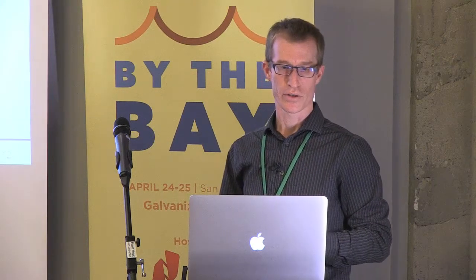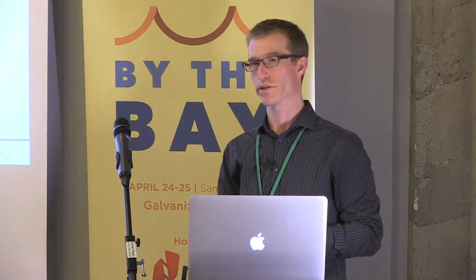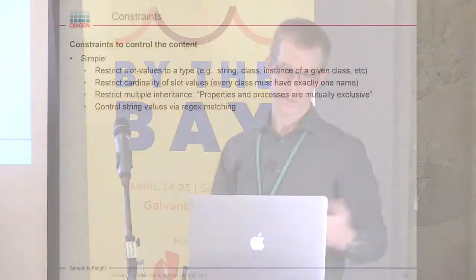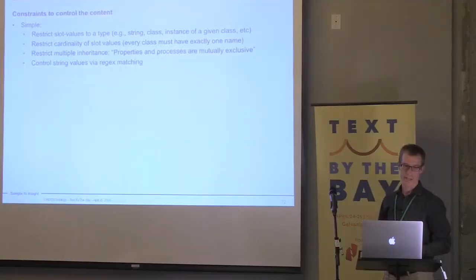I also mentioned that the content has to be testable. So we have a long list of tests against the content, and those are also encoded within the ontology itself. And so we have a list of different test types that are sort of pre-cooked, as it were, as well as the ability to write more sophisticated one-off tests.